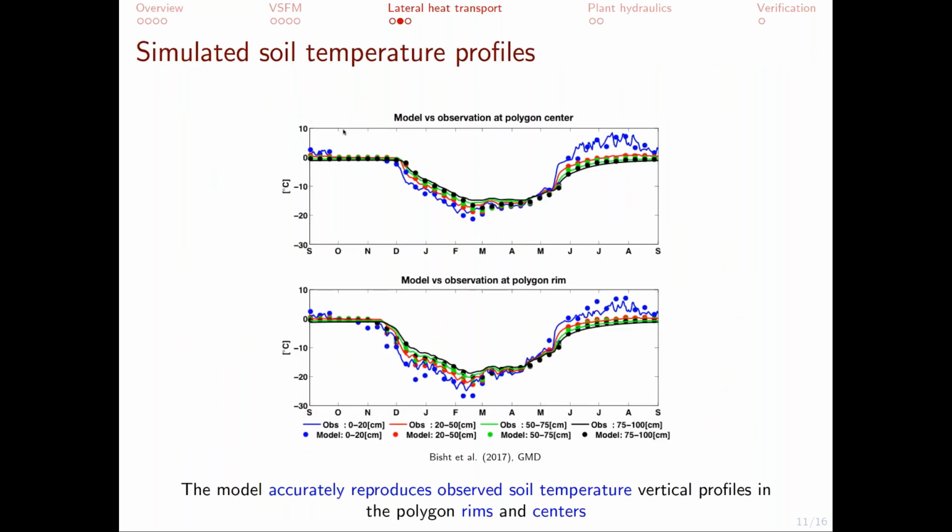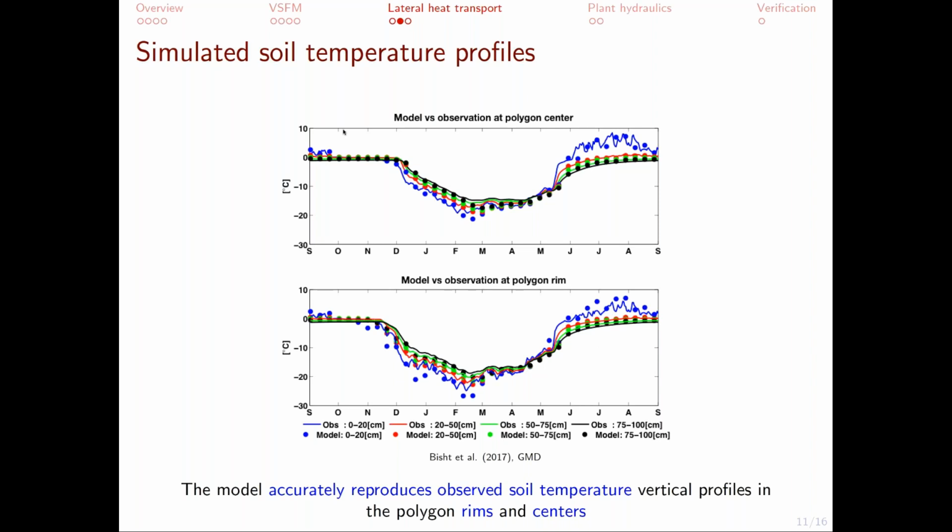Next, I'm showing the results for comparison of simulated and observed temperature profiles for two regions in the 2D transect. The top panel is for the polygonal centers, and the bottom panel is for the polygonal rims.